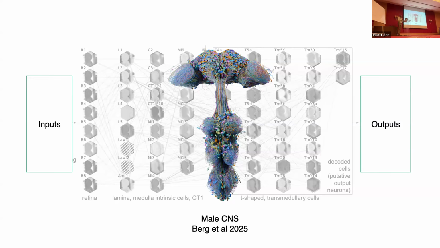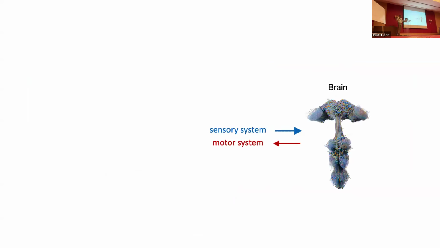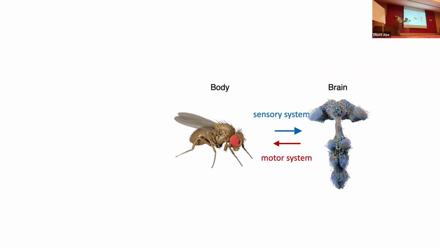And so if we wanted to use this idea of task optimization, or input-output optimization, at the scale of the entire nervous system, we need to know what the inputs are and what the outputs are. And of course, the inputs to the nervous system come from the sensory system, and the motor system is the outputs of the nervous system.